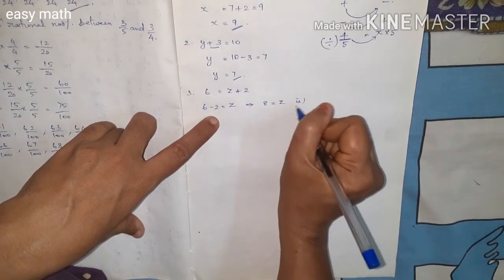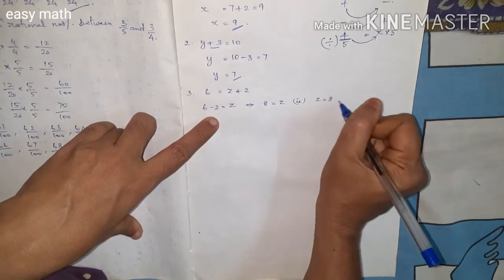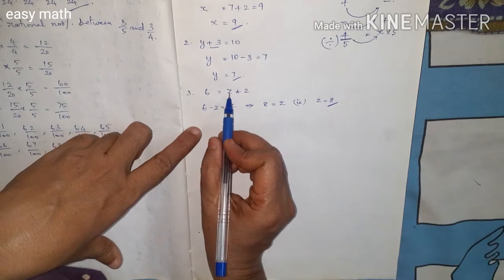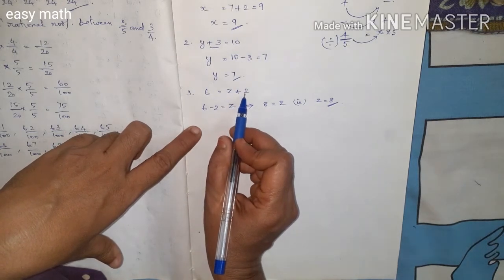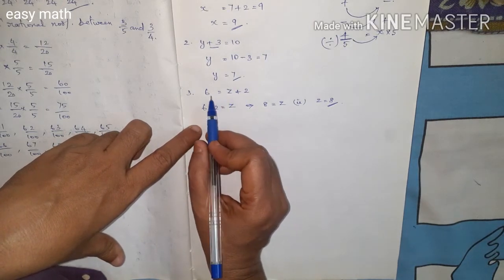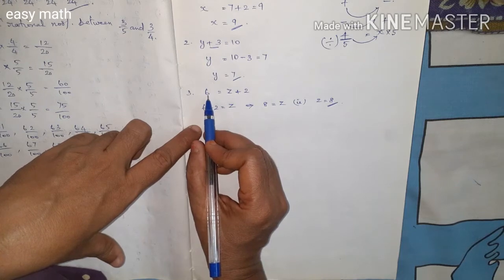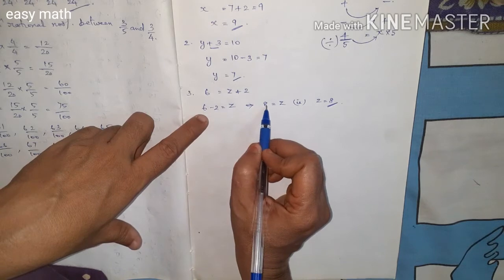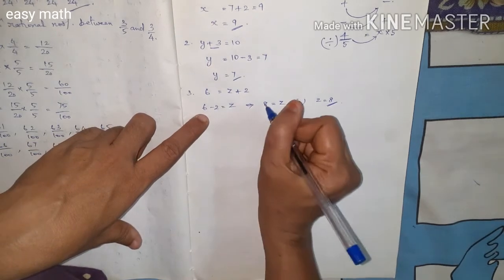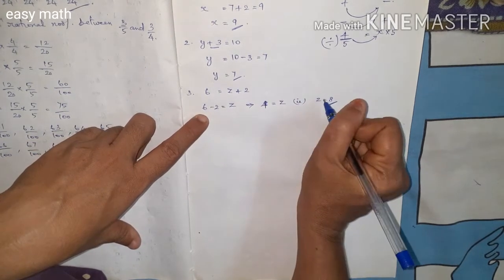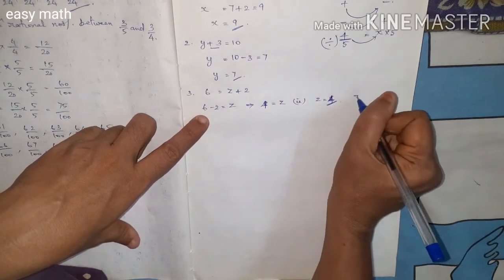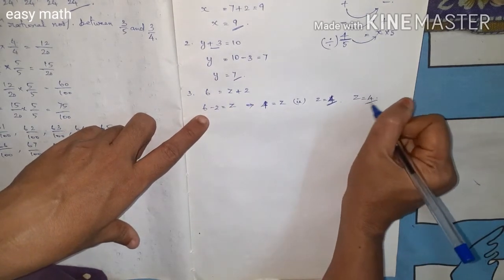Now you understand? Plus 2 becomes minus 2 when it goes to the left hand side. 6 minus 2 becomes 4. z equal to 4 is the answer.